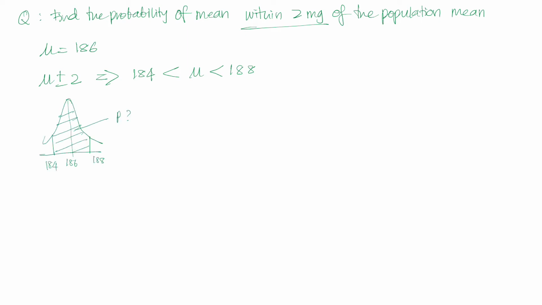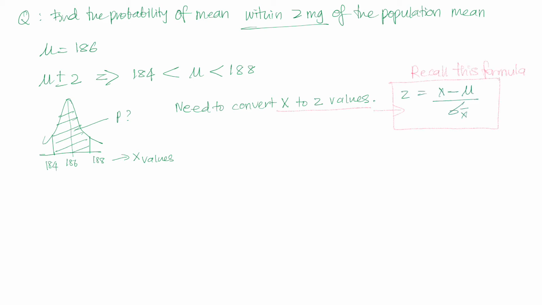If we want to sketch the curve, it looks like this, where we have to find the area under the curve enclosed by 184 and 188. But remember, these are x values. So in order to use the z distribution, we need to convert the x values to z values. Remember this formula, where z is equal to x minus mu divided by the standard deviation of the sample.